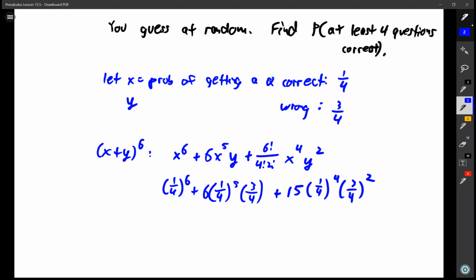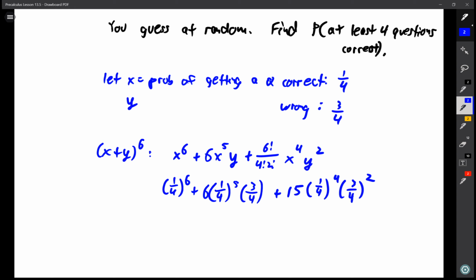And we do our 0.25 to the sixth plus 6 times 0.25 to the fifth times 0.75 plus 15 times 0.25 to the fourth times 0.75 squared.